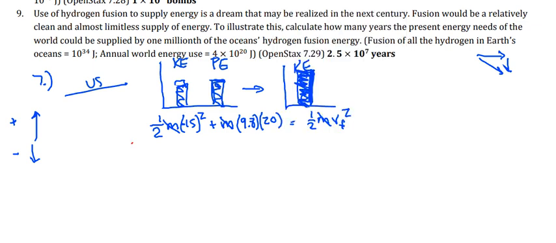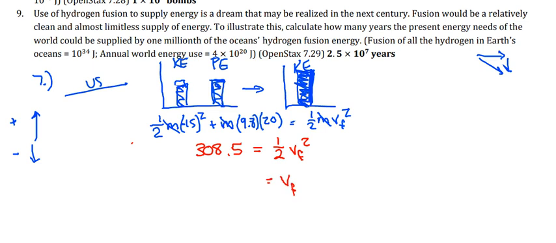So when we do 15 squared, we get 225, half of that, 112.5, plus 9.8 times 20, this thing, 308.5, and that's actually not joules because I divided out mass, but equals one half final velocity squared.